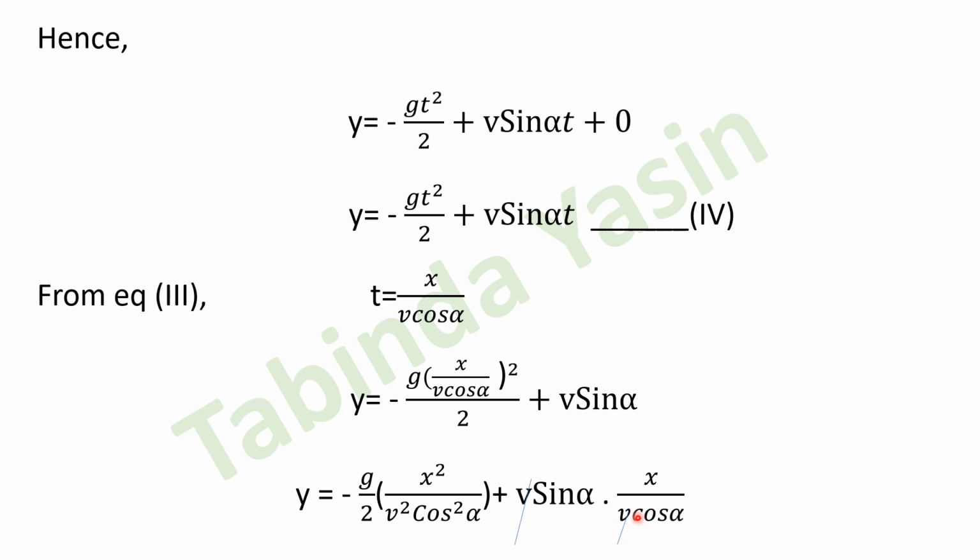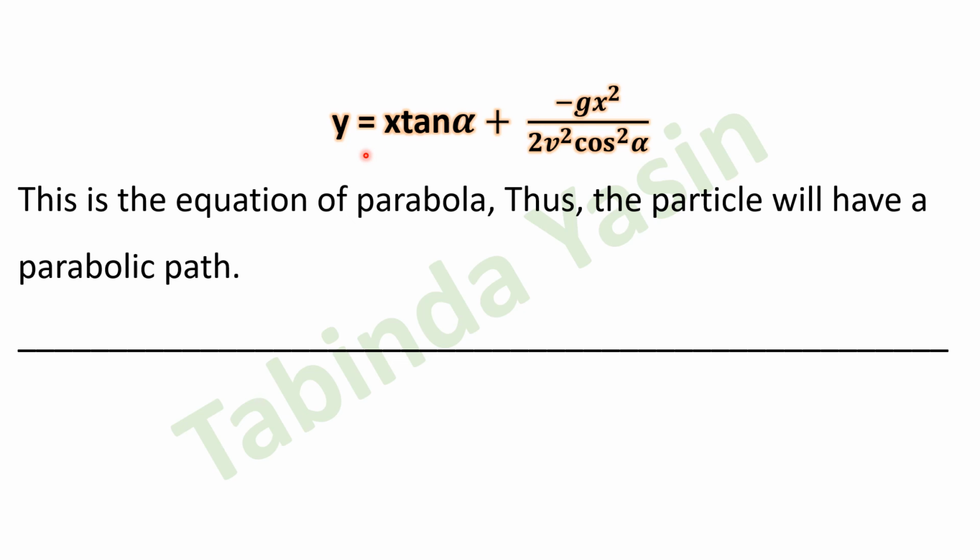Cancelling v with v, we get y is equal to x tan alpha minus g x square over 2 v square cos square alpha. This is the equation of a parabola. Thus the particle will have a parabolic path.